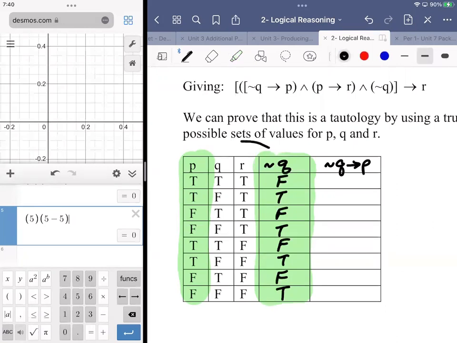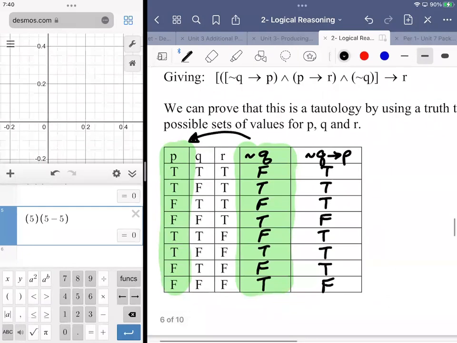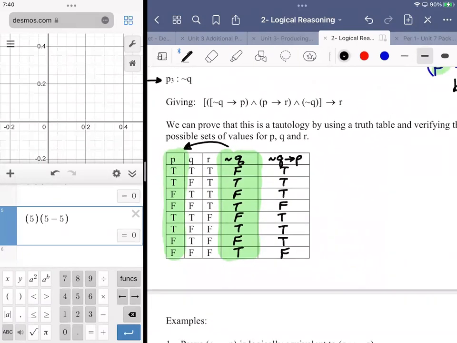And we're going in this direction. So if it's true implies false, it's false, otherwise it's true. So I got true, true, true, this one's false, true, true, true, and this one's false. All right, so now like I said, I just need more rows and more columns.